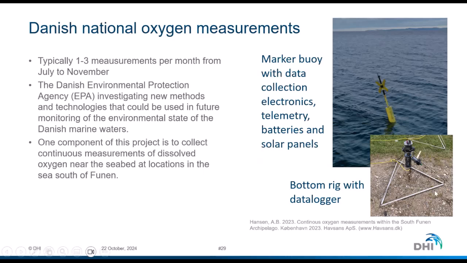So they have employed some buoys called Havsands data loggers with a bottom rig which has a connection to the marker buoy in the surface, and this marker buoy collects the data and sends it to a database.